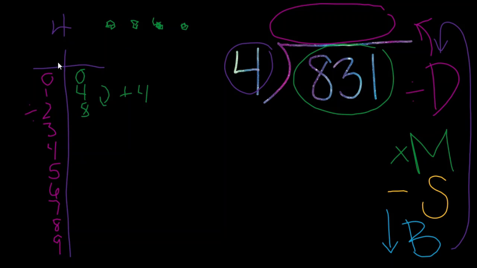Now I need 3 groups of 4, so I need to add 4 3 times. I could go 1, 2, 3, 4, 5, 6, 7, 8, and added a third time, 9, 10, 11, 12. Now I need another group, so 13, 14, 15, 16.